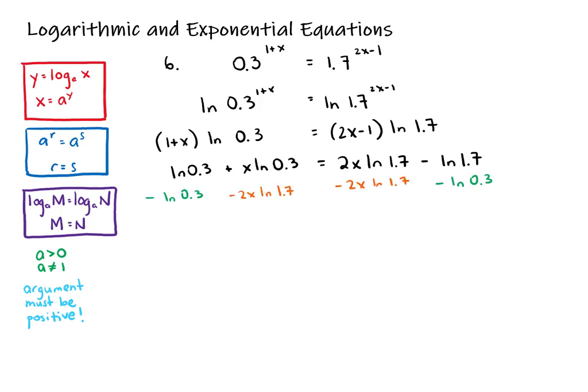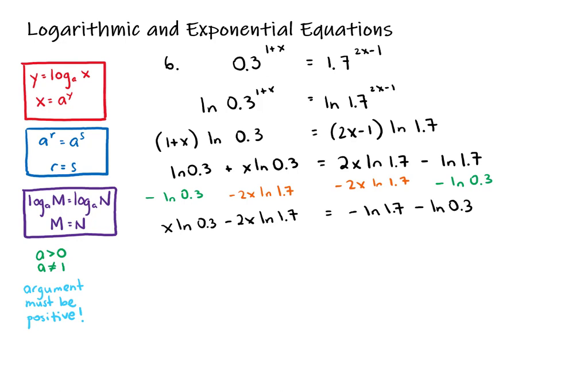So I'm going to do this step all at once, but I wrote my steps out in orange and green so you can see my thought process. I have x times ln of 0.3 minus 2x times ln of 1.7, and then on the other side I'm going to get minus ln of 1.7 minus ln of 0.3.